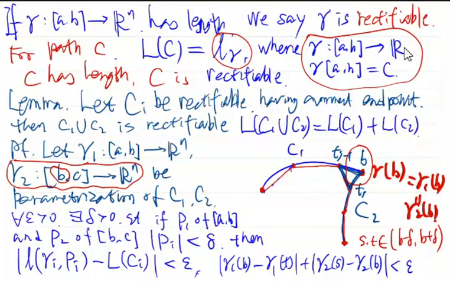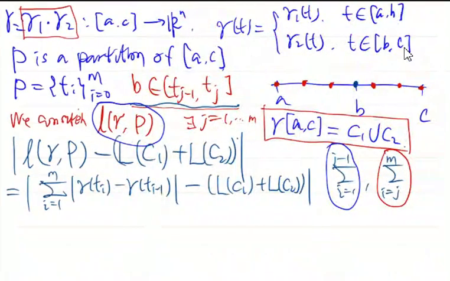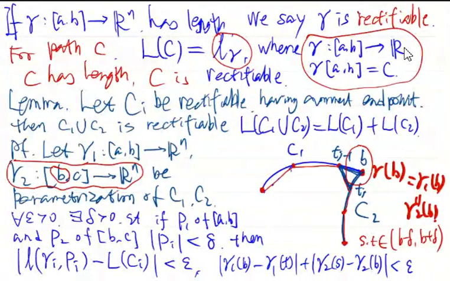What color will I use? Red. So the length of this inscribed polygonal goes here and then to Tj minus 1, then to Tj, then continues, finally ending up at the endpoint of C2. So this point B has no contribution to our total length.